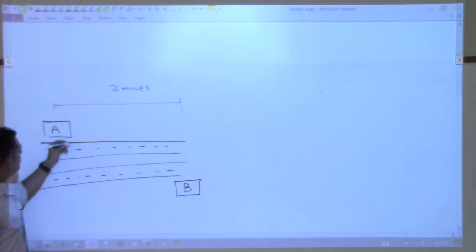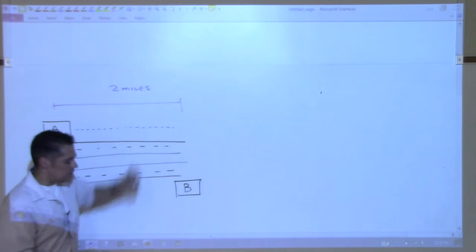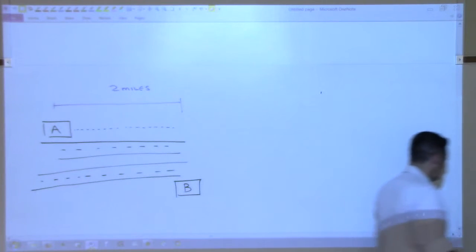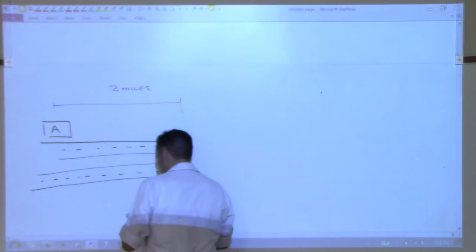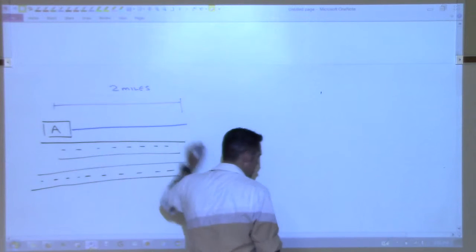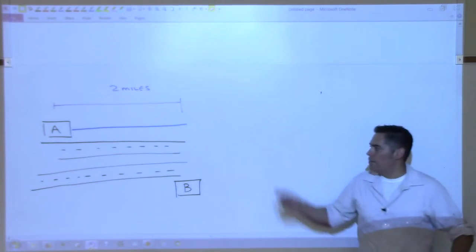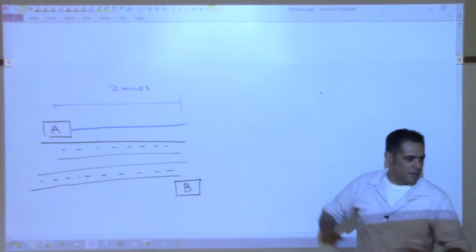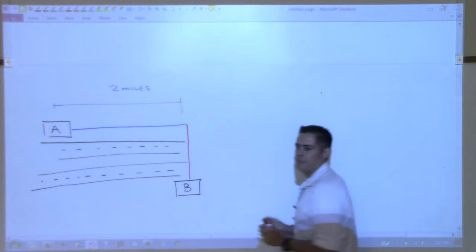We can go the entire way this way, above ground. Let's do above ground in a certain color. Let's say we do above ground like this, but at some point we will have to dig, right? You can't have anything over the highway. That's part of the problem. And then we could do that, right?